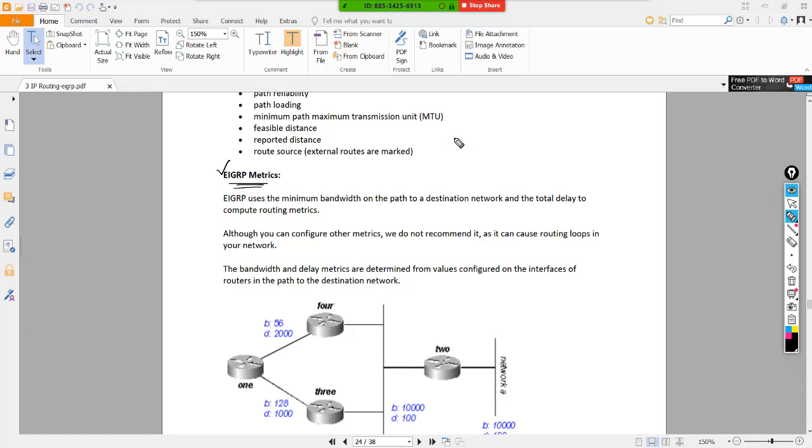As I was showing you in some diagrams, let's say I have this topology and I want to reach this destination, which is 4.4.4.4, and I have 1.1.1.1. Just assume someone asked me to explain the packet flow in the case of EIGRP.